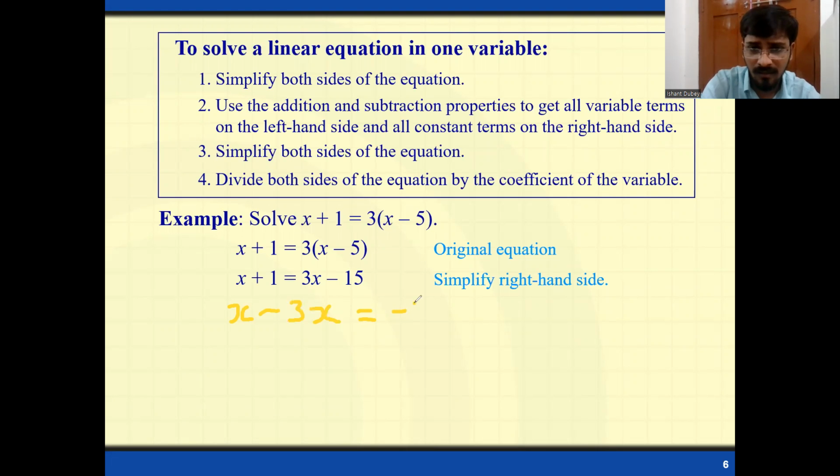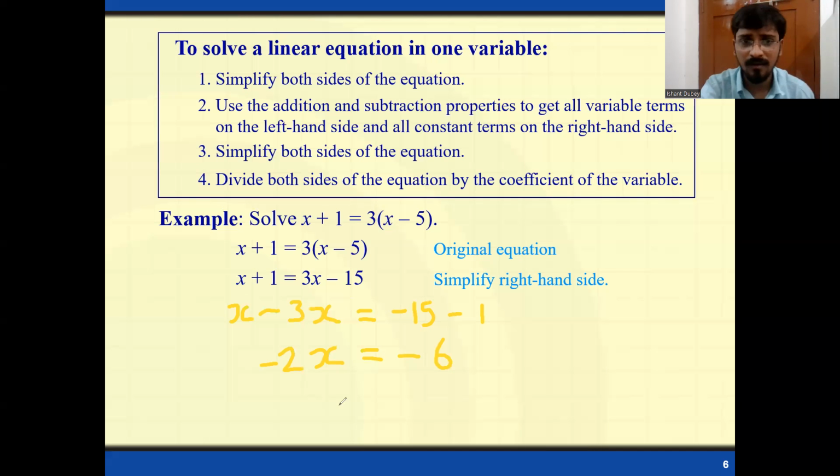Minus 15 is already on the right-hand side, and on the left side you have plus 1, so I will do minus 1 on both sides. Now x minus 3x gives minus 2x, and minus 15 minus 1 gives minus 16.